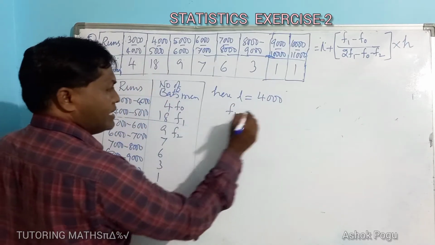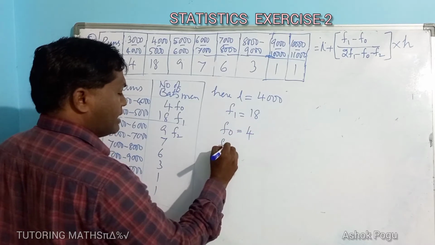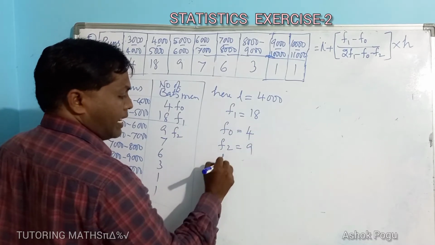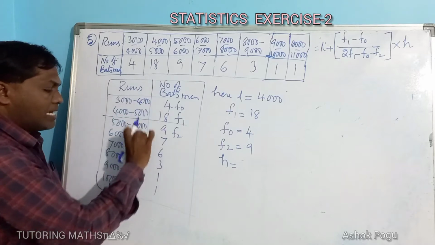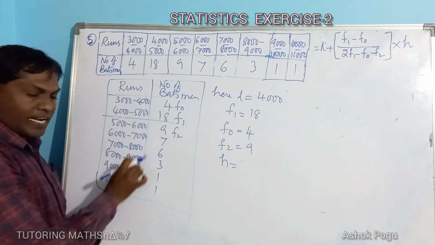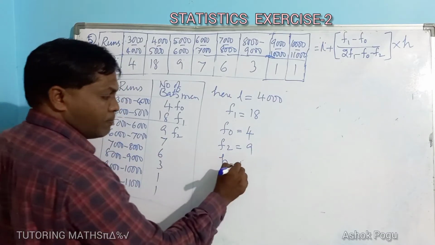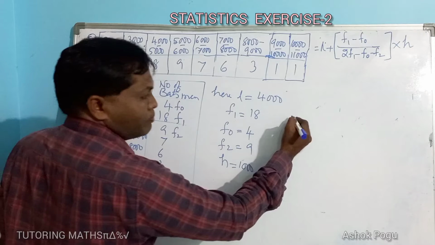F1 is 18, F0 is 4, and F2 is 9, and h is the height of the classes. The class heights go on increasing by 1,000: 4,000, 5,000, 6,000, 7,000, 8,000. Let's substitute in the formula.